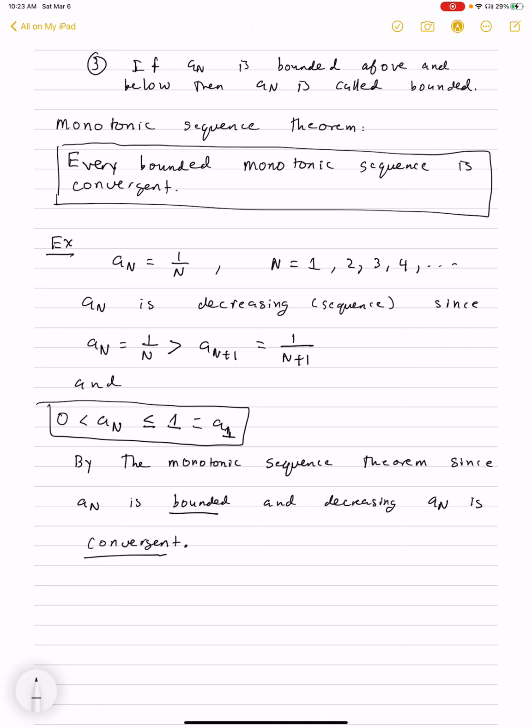They could start at 2 or they could start at 5; their starting point could be arbitrary. We could ask if they converge or diverge, equivalently their limit. But we don't need to compute their limit explicitly to answer the question, does it converge or diverge? A lot like improper integrals. We're going to use that fact a lot, and we're going to use this monotonic sequence theorem. Thank you very much, and I hope to see you again soon.